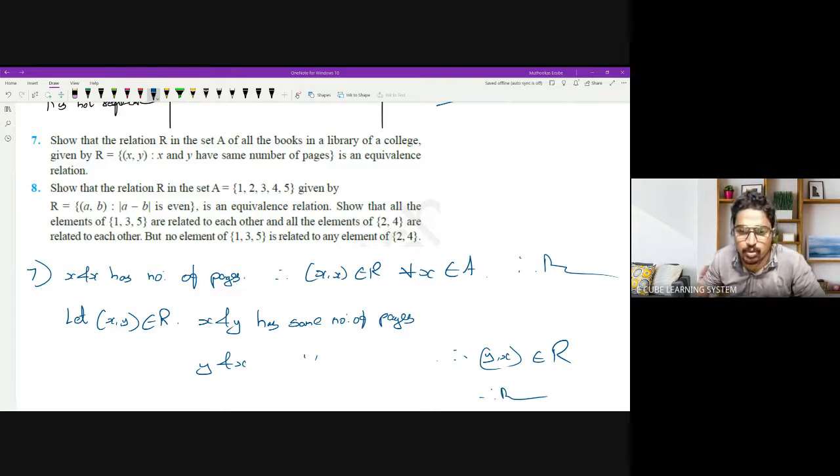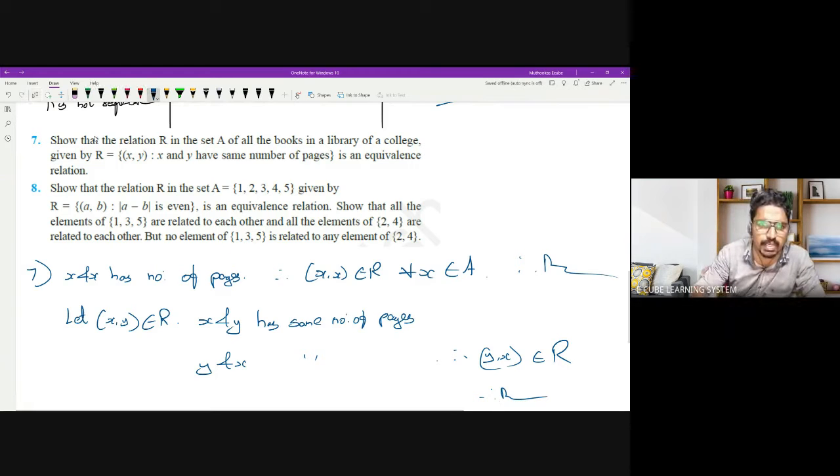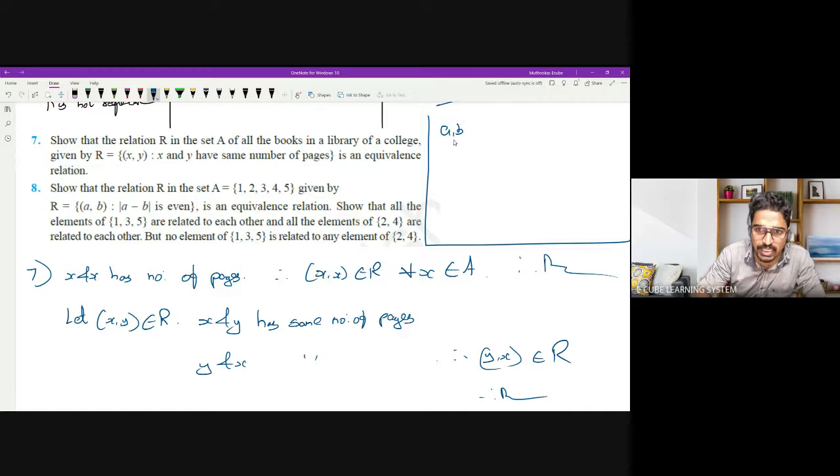And how can we write about transitivity? Transitivity, how can we write, Elsa? Think about how we should assume. There will be 3 books, so let us take A, B and C. If A, B and B, C are in the relation, what's the condition?